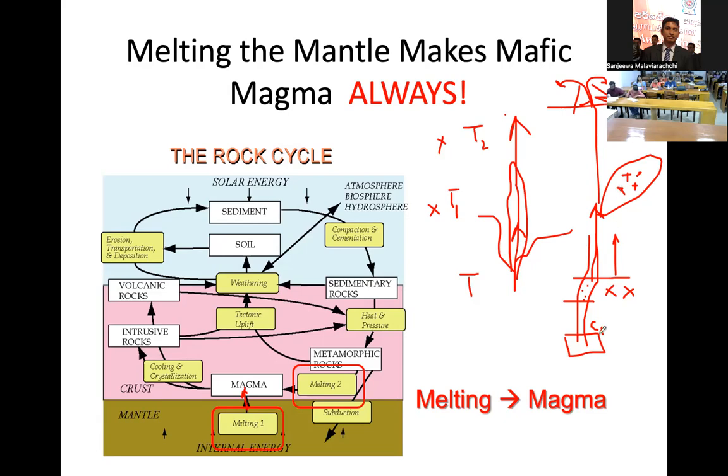That means if this was C1, C2, C3, and then the final composition is C4, at the time of eruption the rock crystallized should also have a bulk chemistry of C4, ideally, right?